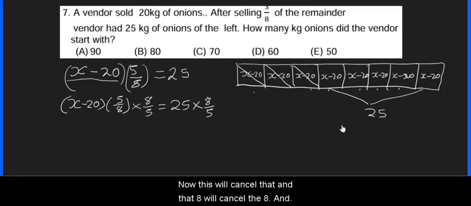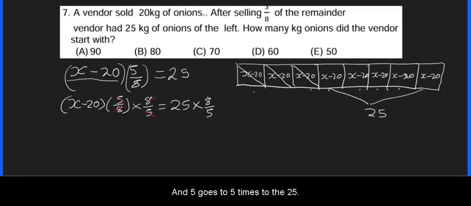Now, this will cancel that, and that 8 will cancel the 8, and 5 goes 5 times to the 25. Okay, so then now I have x minus 20 equals to 5 multiplied by 8. 5 multiplied by 8, it is 40.